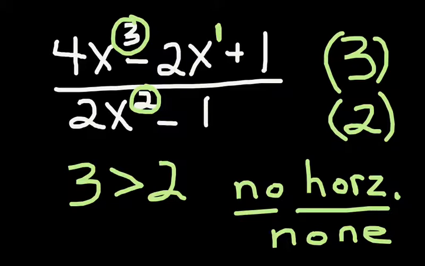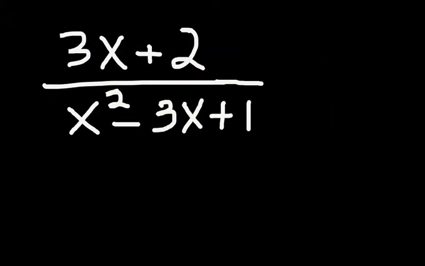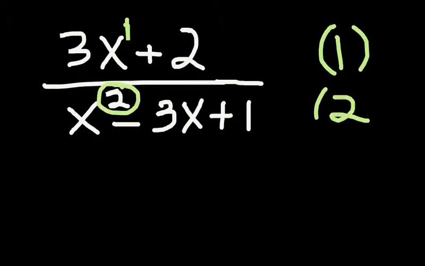Okay, I'm going to put another one up. This time the numerator has a degree of 1, only a single exponent right here, and the denominator has a degree of 2, because the largest exponent in the denominator is 2.